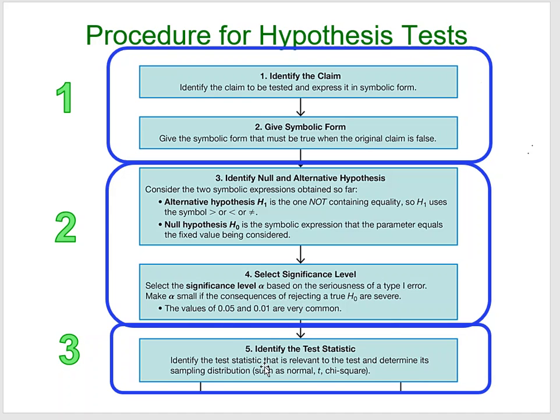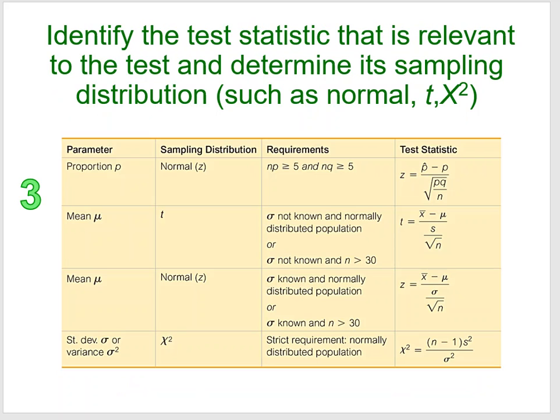Okay. Step 3 is to identify the test statistic. Now, the test statistic, once you get it, is used in the same manner as it is in all hypothesis tests. But the key here is what is the formula for it. And so I put those formulas into the Excel spreadsheet, but I'll list them here for you. If I'm doing a proportion test, I'm using the normal sampling distribution to compare it to.